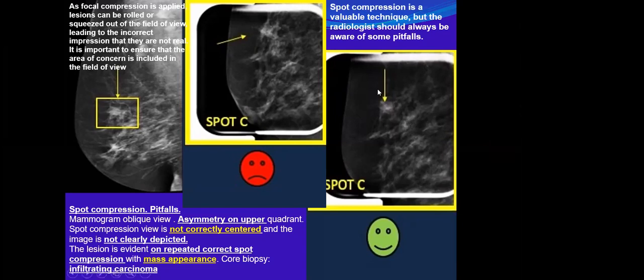If they did not repeat it here and do it correctly, the mass might not appear, and here it might also be slipped away, rolled away. And while they are doing the compression, if they compress it against the area of fat, rolling it toward the fat to make it clearer, it will be more helpful.